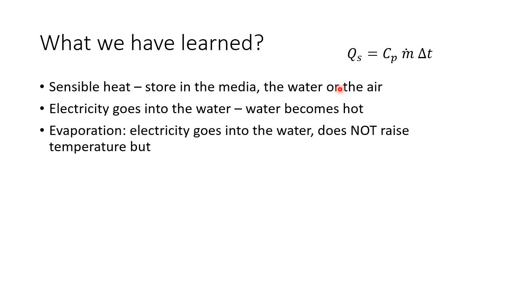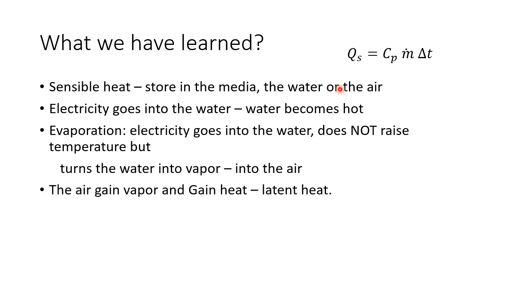However, the electricity going into the water becomes latent heat. Latent heat means it turns water into vapor. So turning water into vapor is latent heat. And then if we move away from the water in the kettle, we look at the surrounding room air. If the kettle loses the vapor, then room air will gain the vapor.